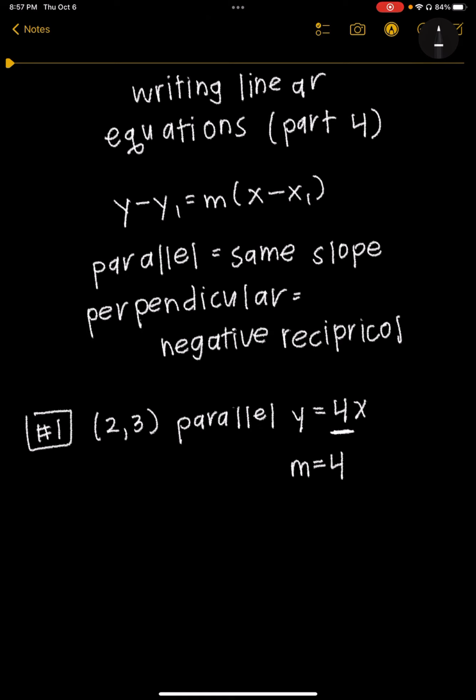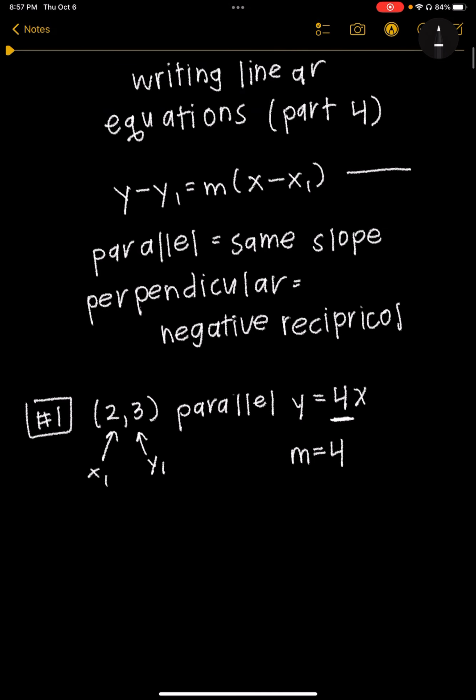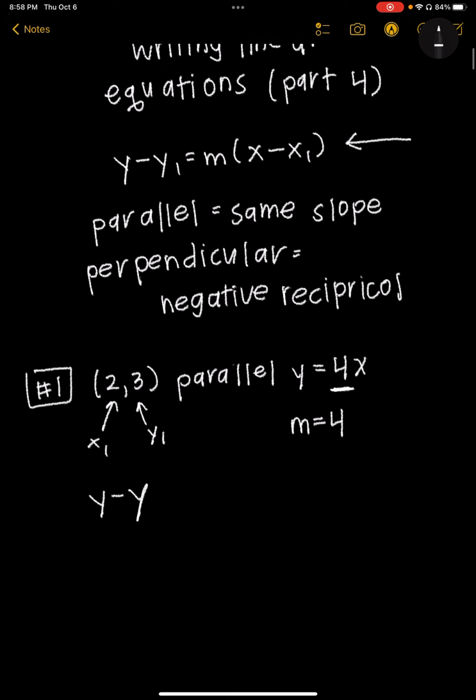Now what I'm going to do is use these two numbers as my x1 and my y1 and just plug them into that point slope form, which is up here. So we've got y minus y1 equals m times x minus x1.